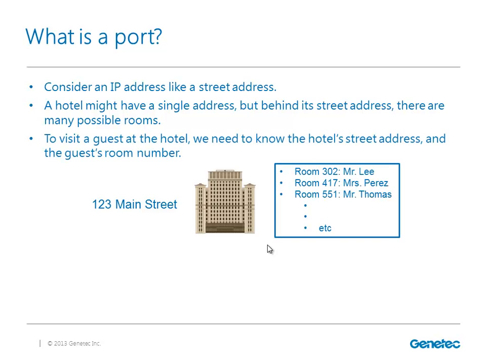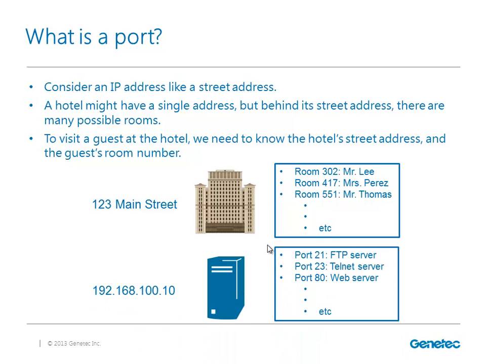But if I want to visit a guest in the hotel, I'll need to know the hotel street address and the guest's room number. Room 302 is where Mr. Lee is staying. Room 417 is where Mrs. Perez is staying. Room 551 is where Mr. Thomas is staying, etc. So to visit a guest in the hotel, I would need to know the physical street address and the room number.